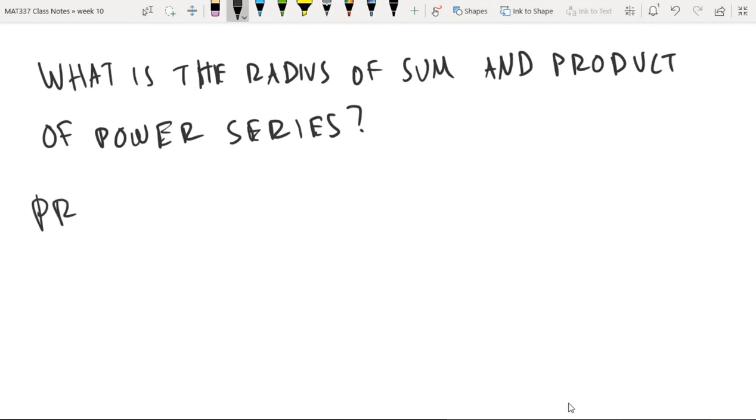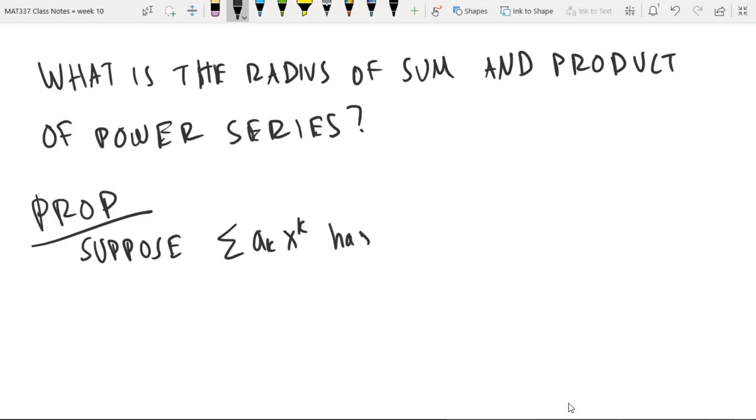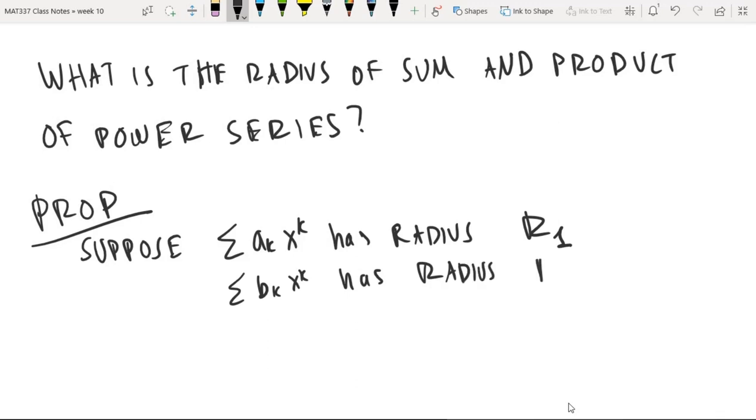Okay, so a proposition. Suppose the sum of a_k x^k has radius r1, and the sum of b_k x^k has radius r2.